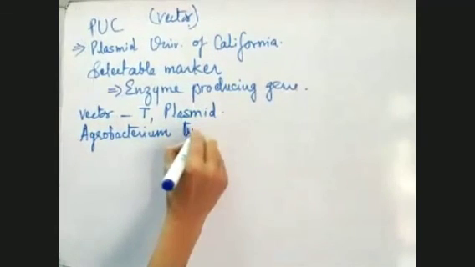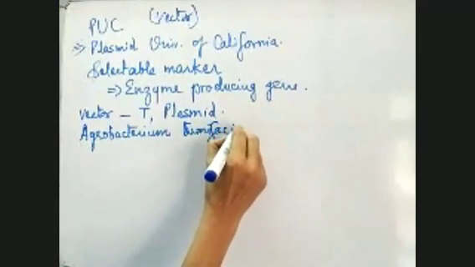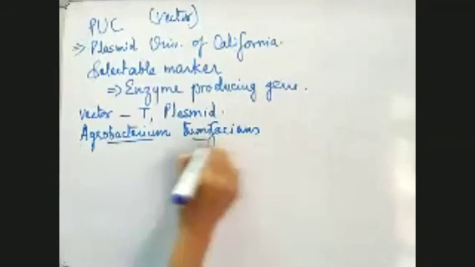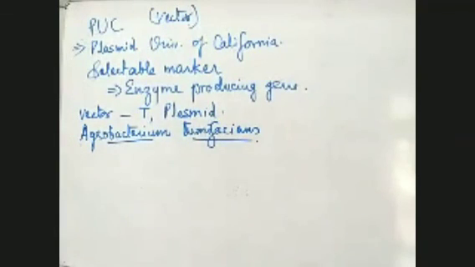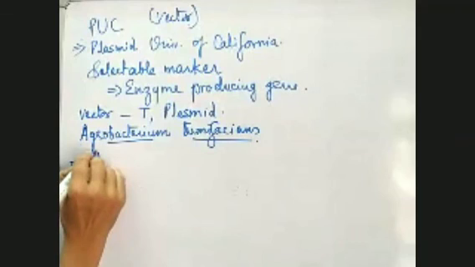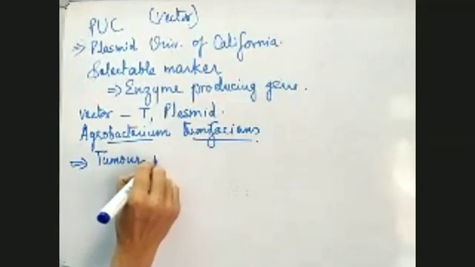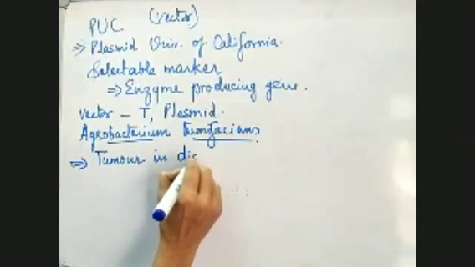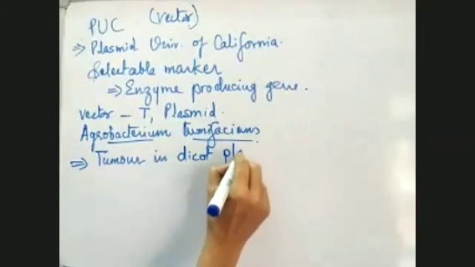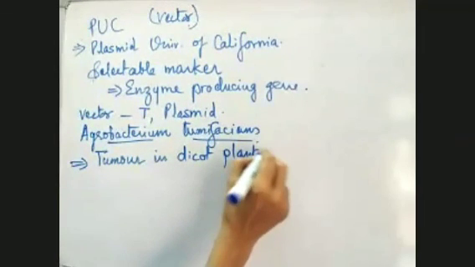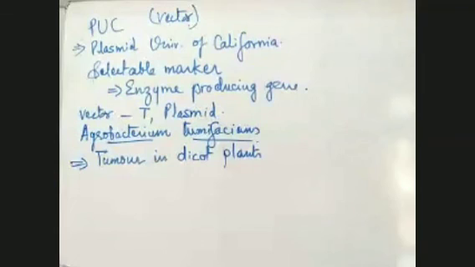This Agrobacterium tumefaciens causes tumors in dicot plants. You know dicot plants like rajma, like chana, pulses. In these plants it causes tumors.